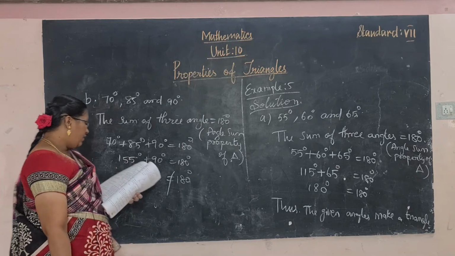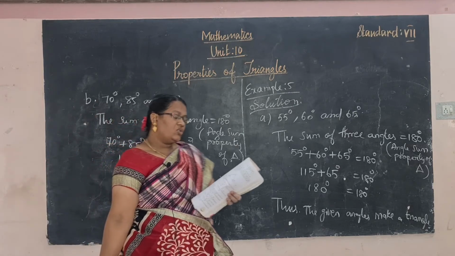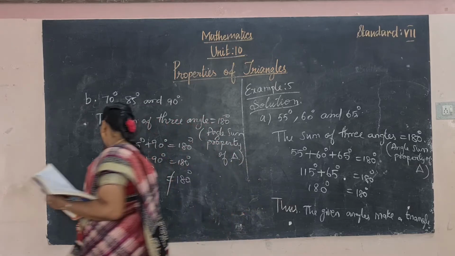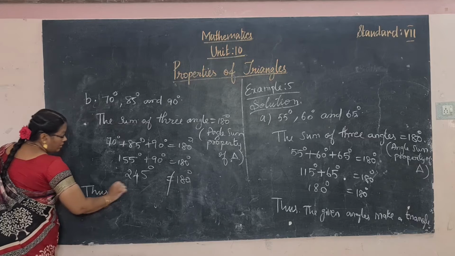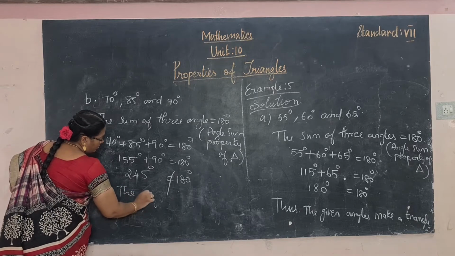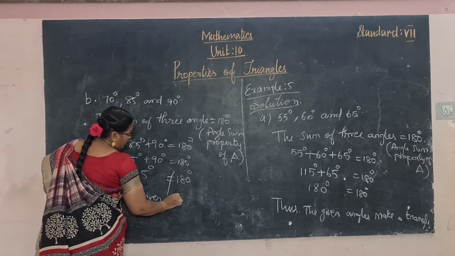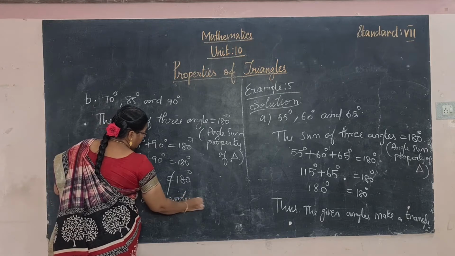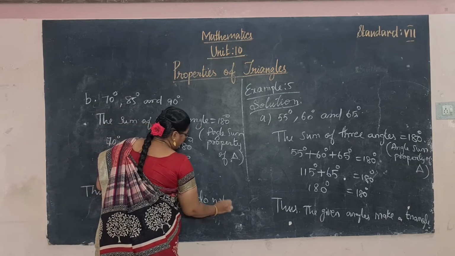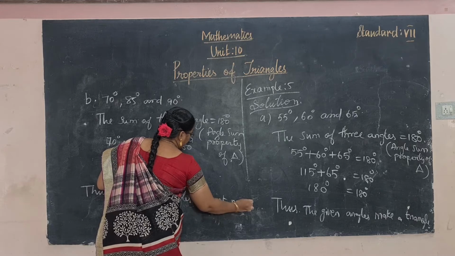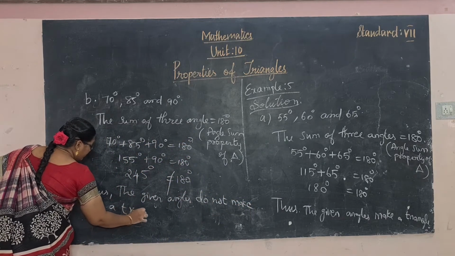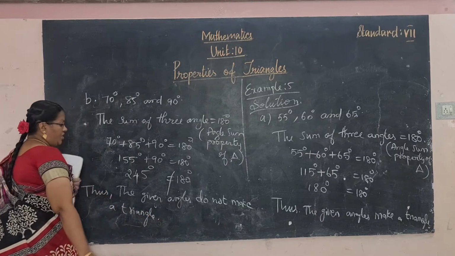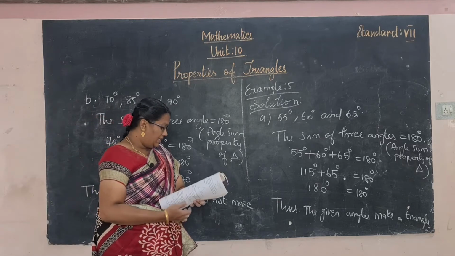Since the given angles do not satisfy it, thus the given angles do not make a triangle. Okay. Right, and next one.